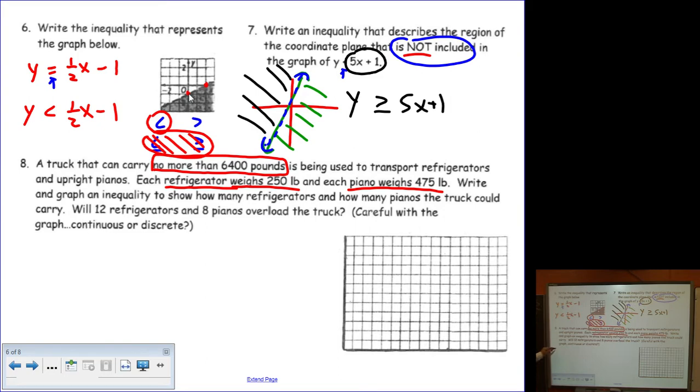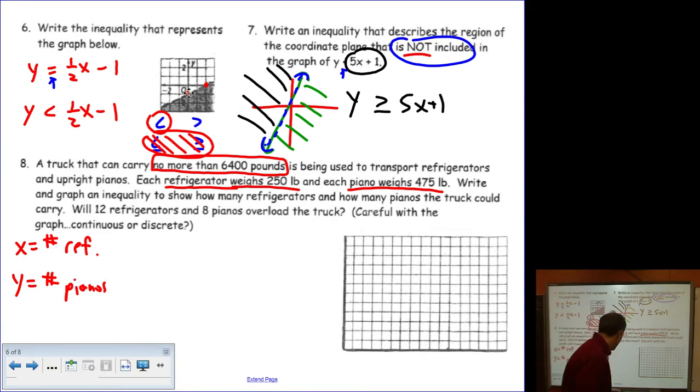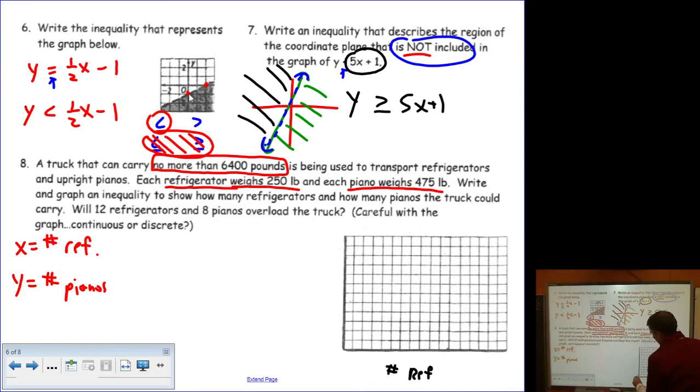All right, so I'm going to have X be the number of refrigerators, and Y be the number of pianos that the truck can carry. So I'm going to go ahead and label my graph now. X is the number of refrigerators, and Y is the number of pianos.